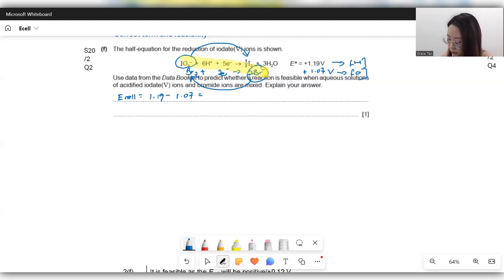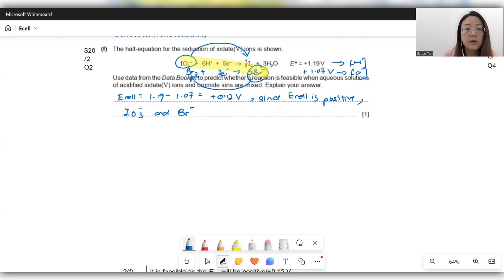So let me calculate this out. So this will be 0.12. It's a positive 0.12 volts. All right. Now, since Ecell is positive, the reaction between iodate(V) ions and bromide ions, not bromine, bromides, is feasible.